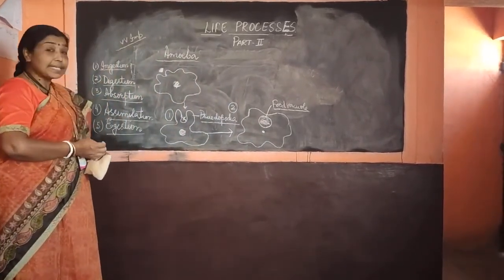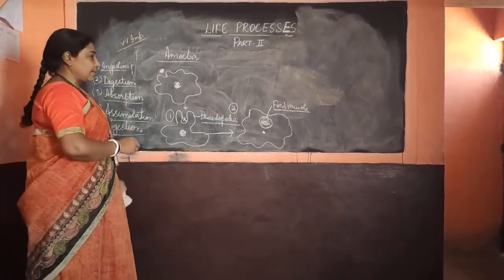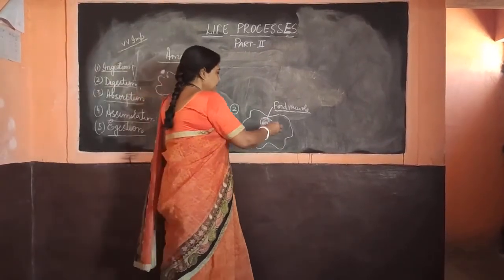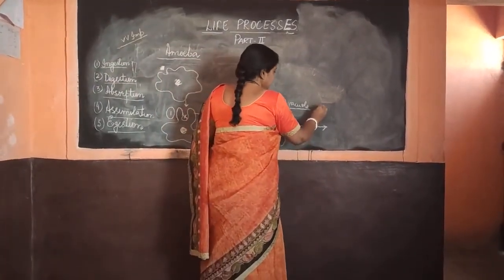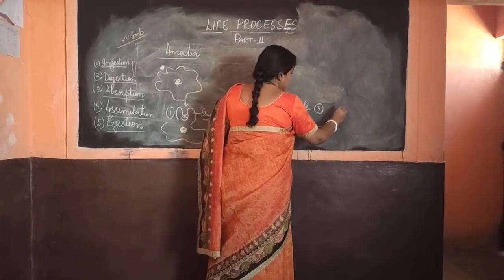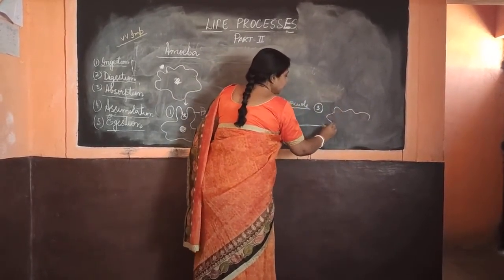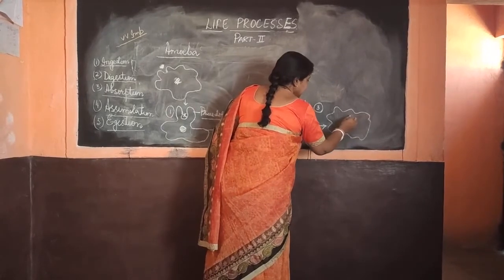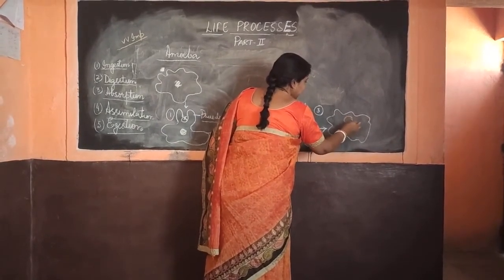It is known as the temporary stomach. It is not the original one. Third is absorption. The food will get digested inside the food vacuole.